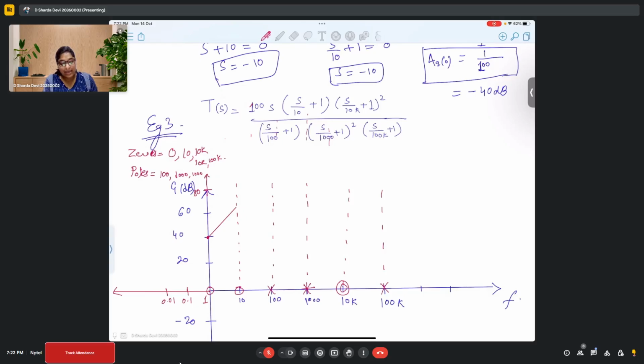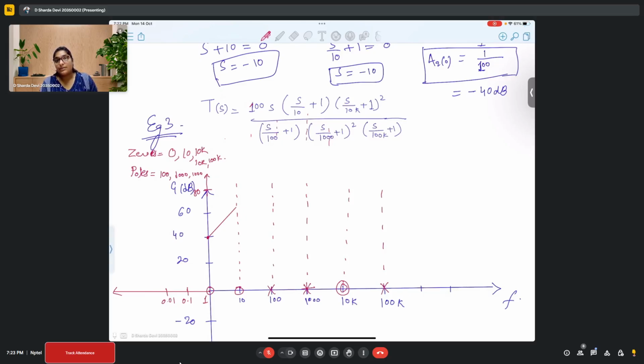And again, at 10, there is another 0, right? Earlier, the slope was 20 dB per decade. By encountering another 0, how will the slope change?